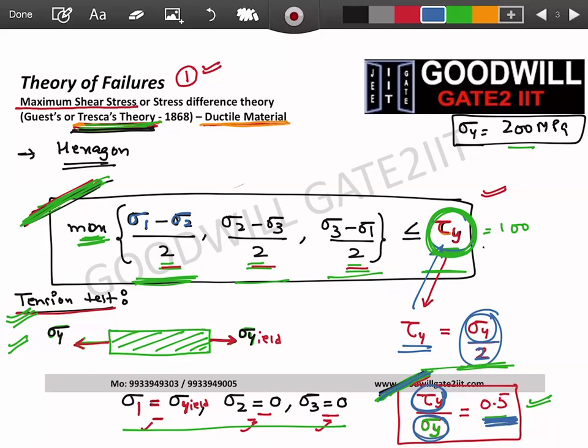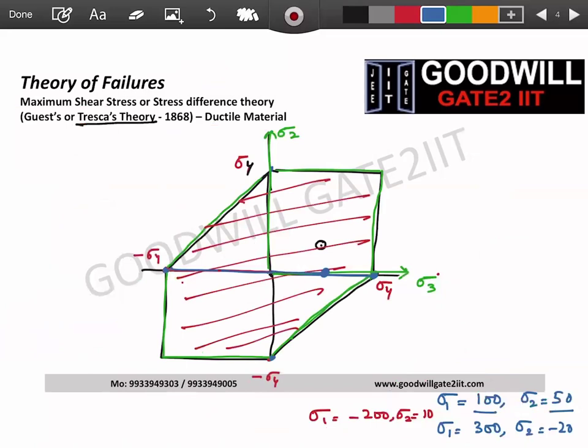Correct? If from the principal axis at an angle of 45 degrees, you draw a perpendicular to this line, this length segment shows you that ratio. Mira, if you recall, the relation between principal stresses and maximum shear stresses is 45 degrees, right? Do you agree?